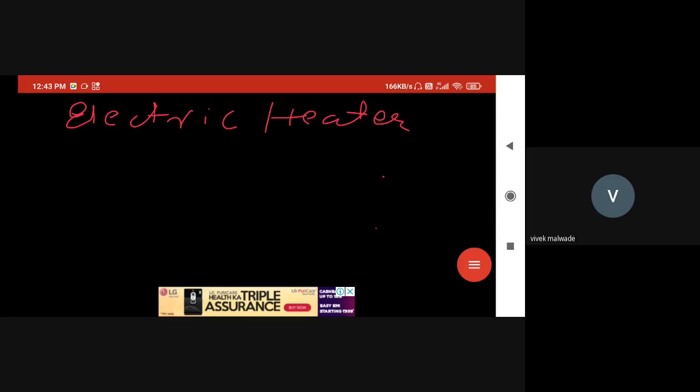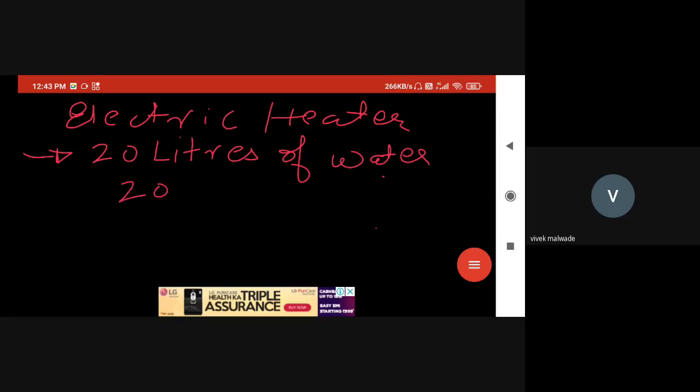Now consider 20 liters of water whose initial temperature, or room temperature, is 20 degrees Celsius. It is in a bucket in which we are immersing an immersion heater to heat this 20 liters of water.